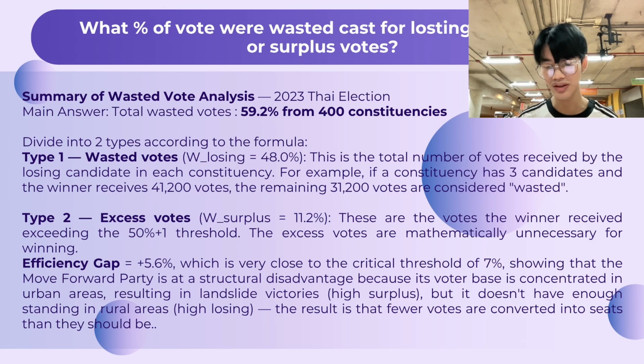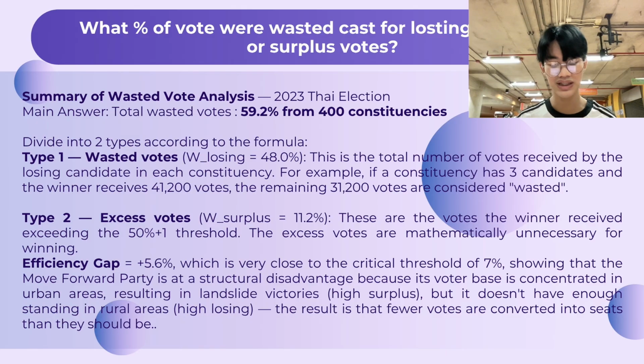For example, if a constituency has 3 candidates and the winner received 51,200 votes, the remaining 31,200 votes are considered wasted votes. Type 2 is the excess votes. The surplus equals 11.2%. These are the votes the winner received exceeding the 50% plus 1 threshold. The excess votes are mathematically unnecessary for the winning.